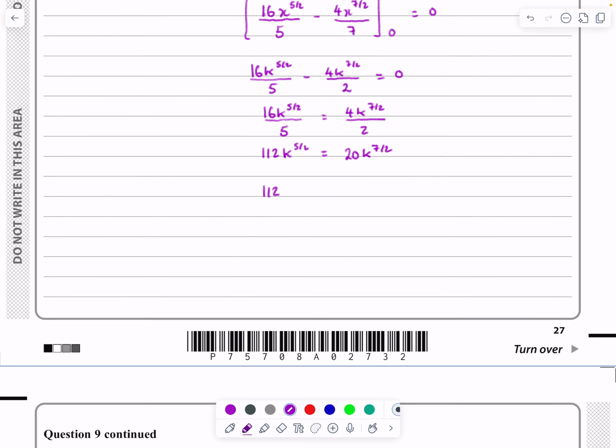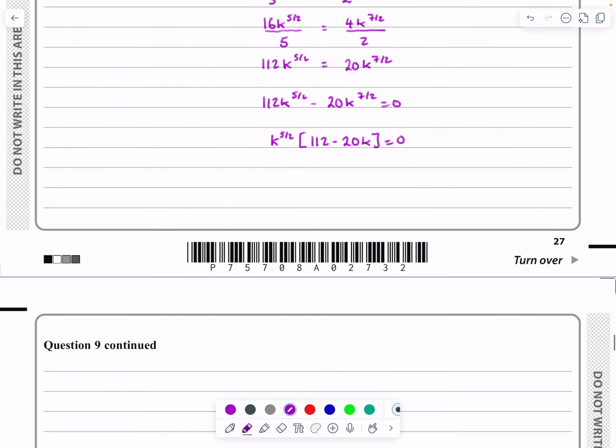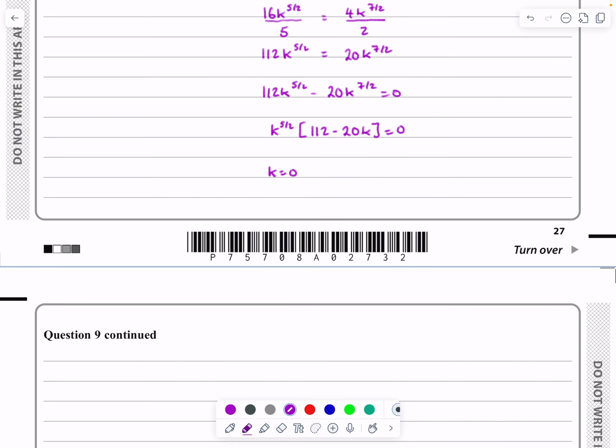So I'll get 112k to the 5 over 2 minus 20k to the 7 over 2 equals 0. I'm going to take k to the 5 over 2 out as a factor, which leaves me 112 minus 20k is equal to 0. So I'm either going to get k equals 0 or k equals 112 over 20, and that will tidy up to 28 over 5.